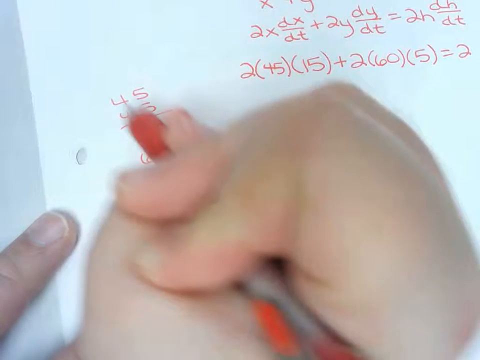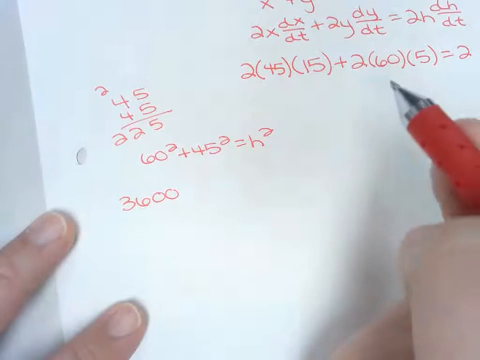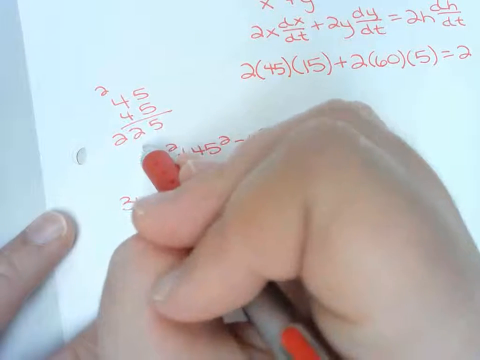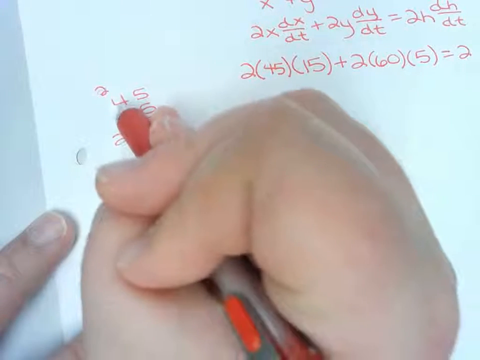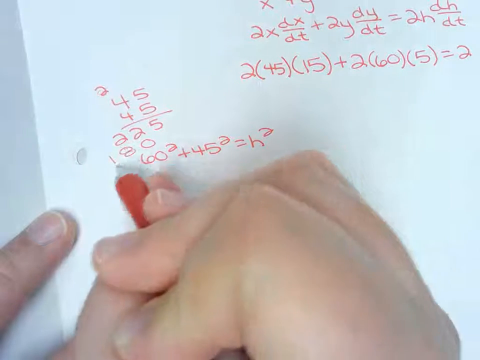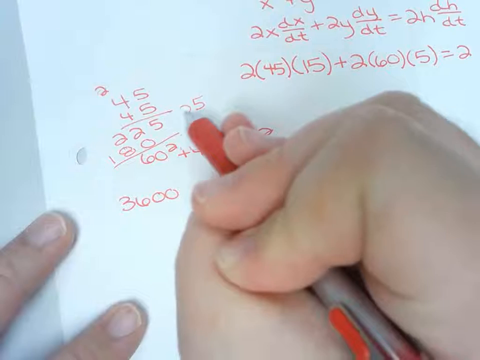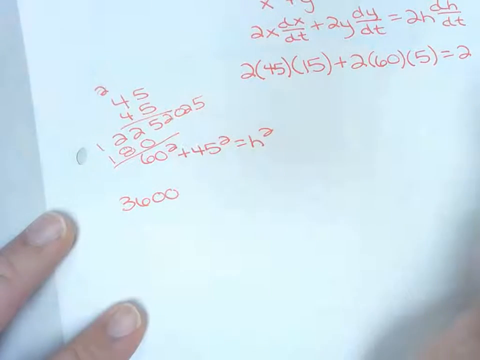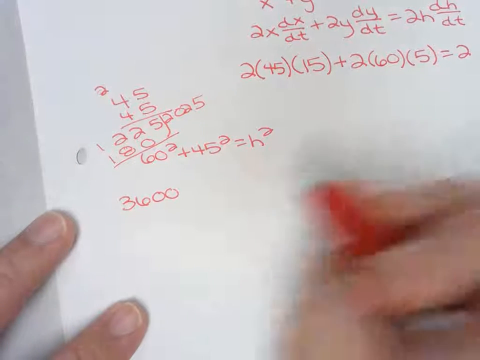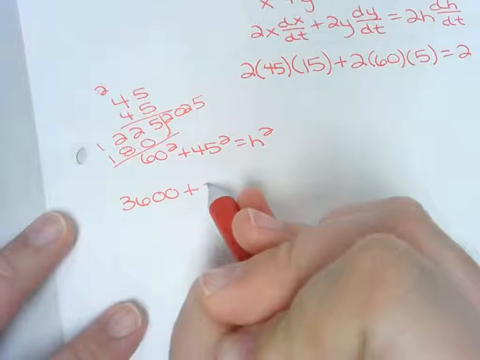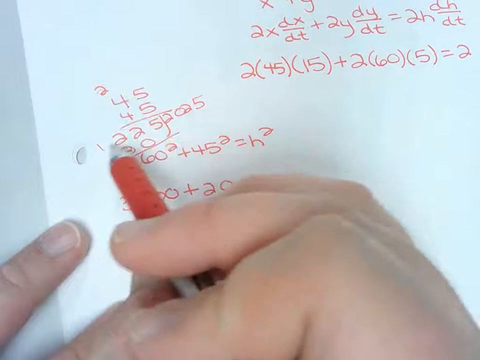5, 5, 25. 2025. Sorry, my work looks like crap, but... Multiplication, 45 times 45.